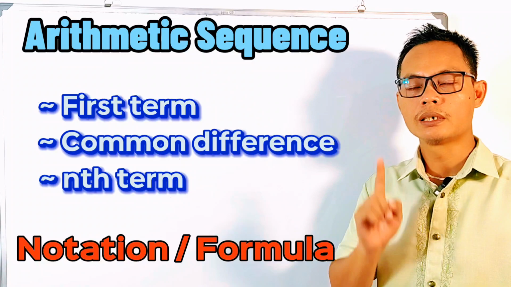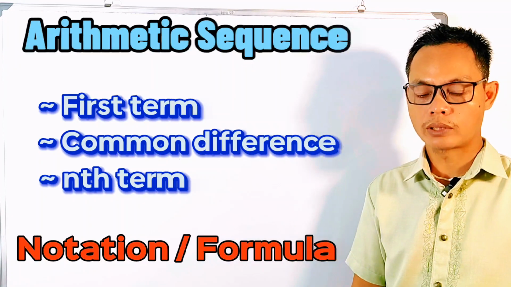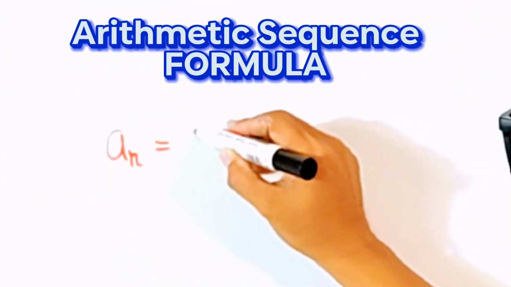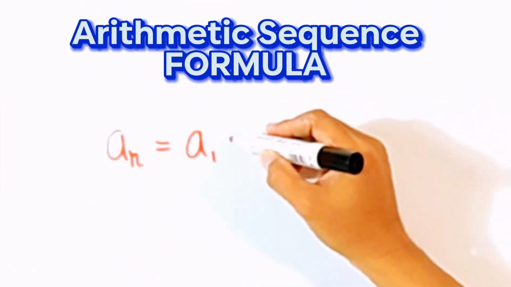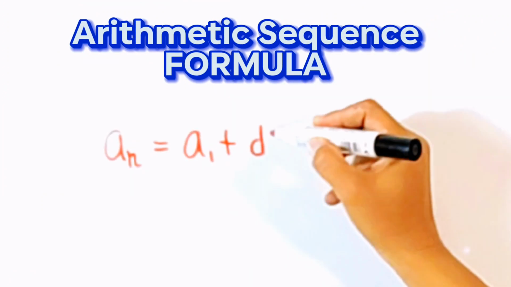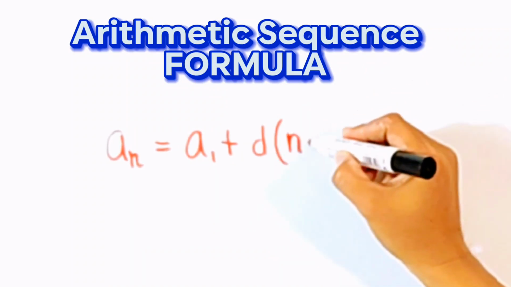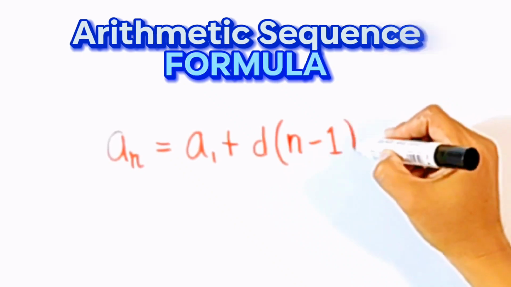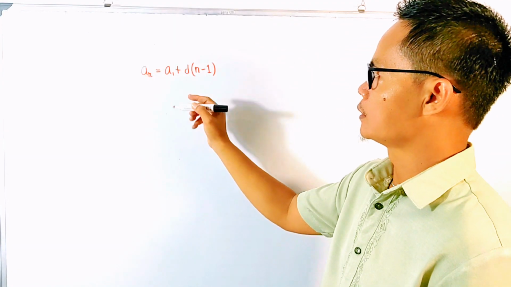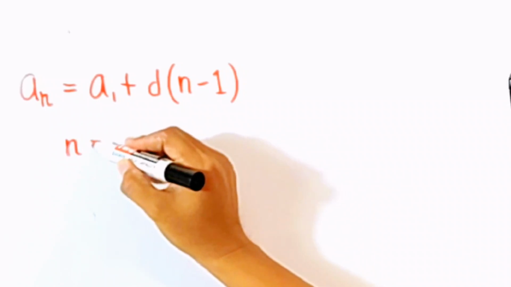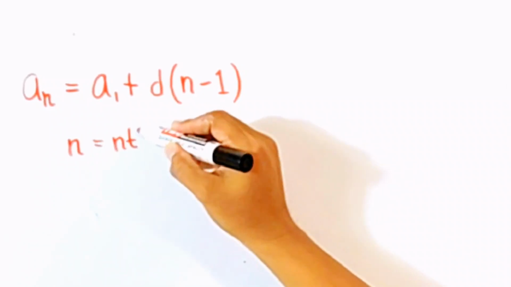So what's the rule of the arithmetic sequence? The notation is a sub n equal to a sub 1 added to the product of the common difference multiplied by n minus 1, where n is called the nth term.